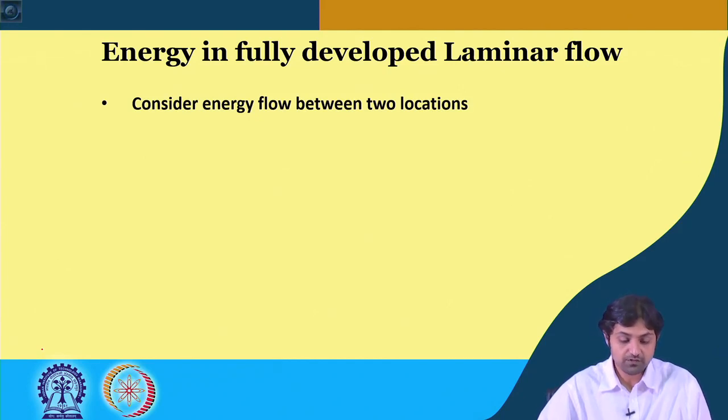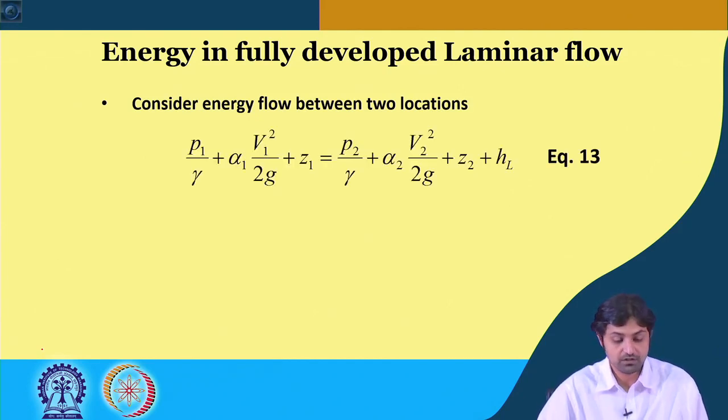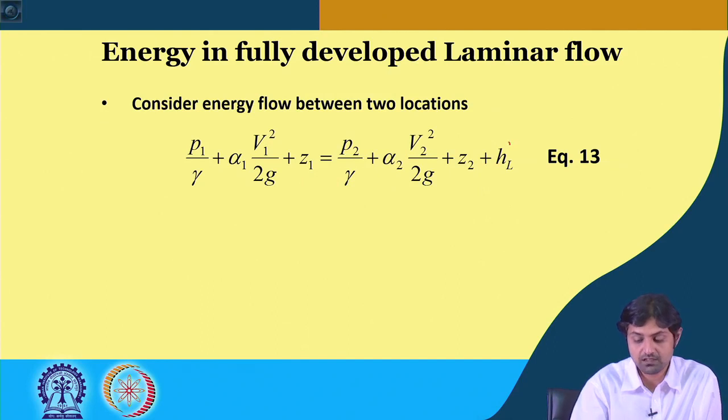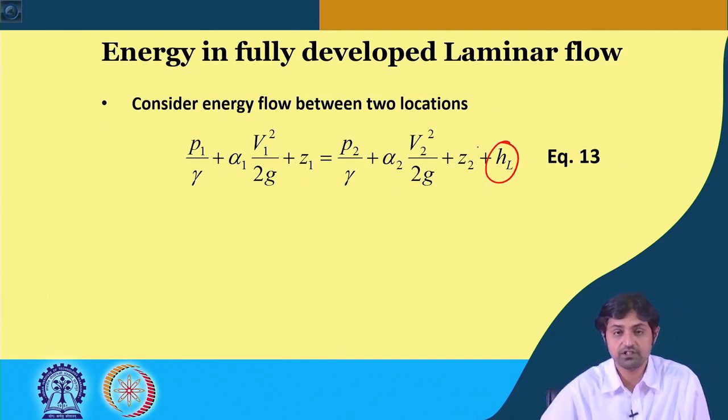So, consider the flow between two locations, and if we consider flow between two locations, we can write Bernoulli's equation. So, the pressure head, the velocity head and the datum head is equal plus the energy loss on the other side, if there is an energy loss in terms of head loss HL.